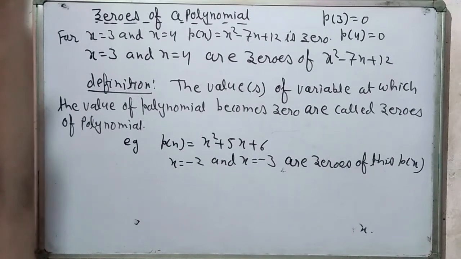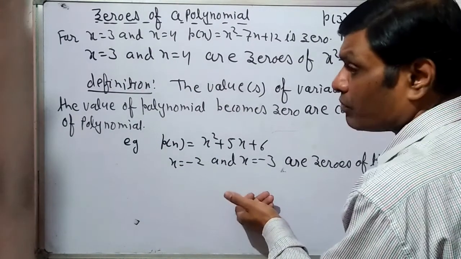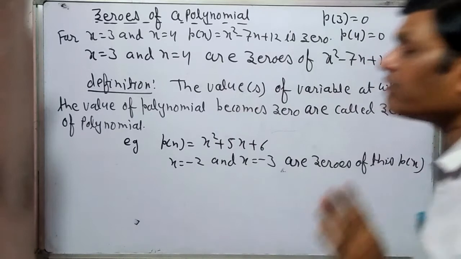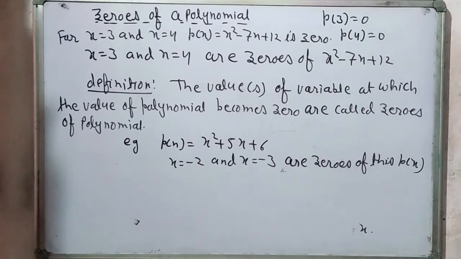If we place x as minus 2 and we place x as minus 3, in both the cases we will get the value as 0. For any other value of x, this will not give us the value of the polynomial as 0. So, the zeros of the polynomial are nothing but the values of the variable at which the value of the whole polynomial is becoming 0. If that comes to be true for any value of x, we call that value of x as the 0 of the polynomial.